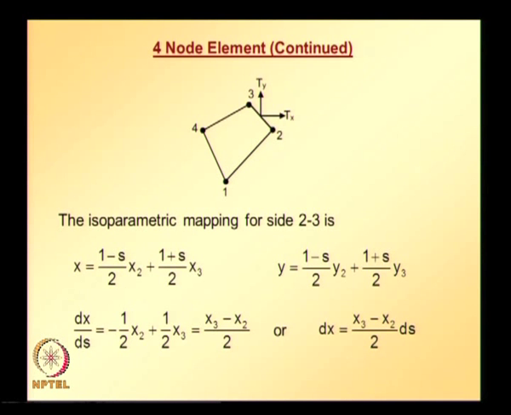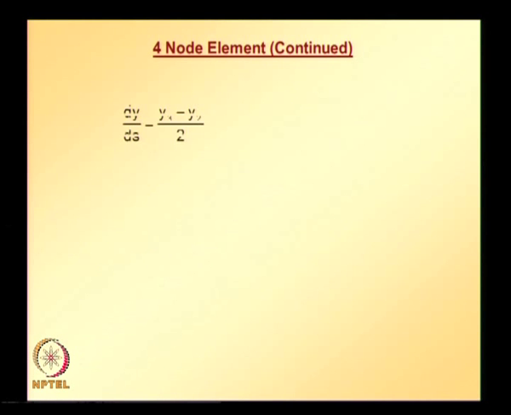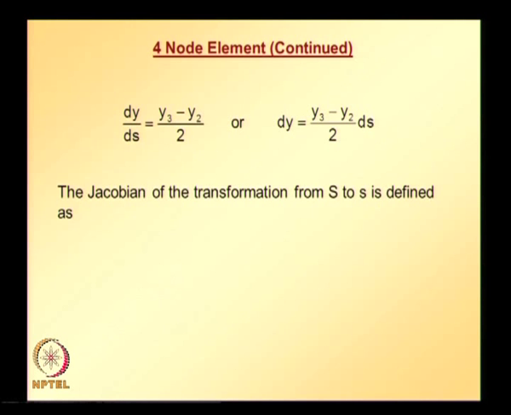dx is equal to (x3 minus x2) divided by 2 times ds. Similarly, the partial derivative of y with respect to s. And once we have this, we can easily write the Jacobian transformation between the local coordinate system along side 2, 3 of the actual element and the local coordinate system along side 2, 3 of the parent element.